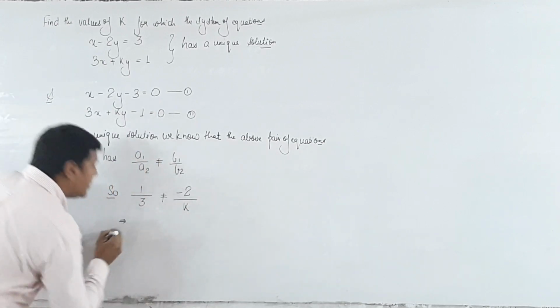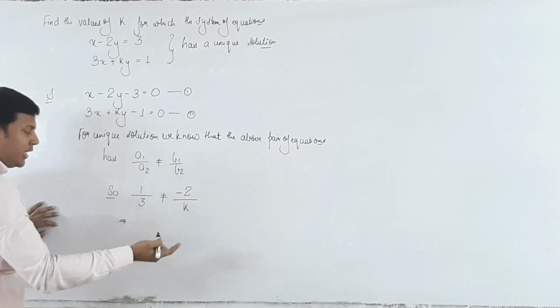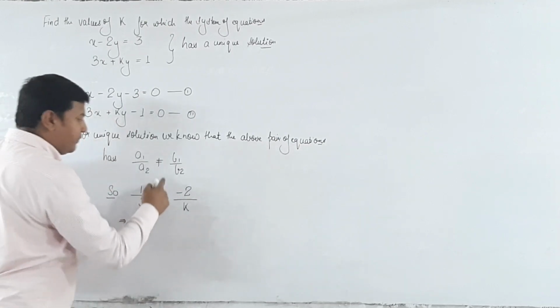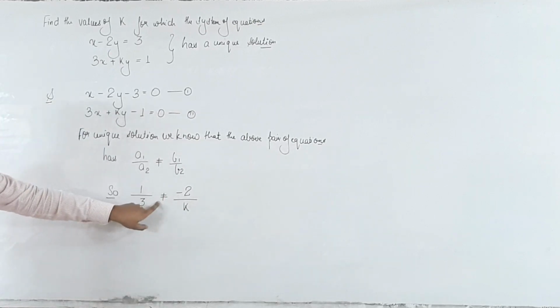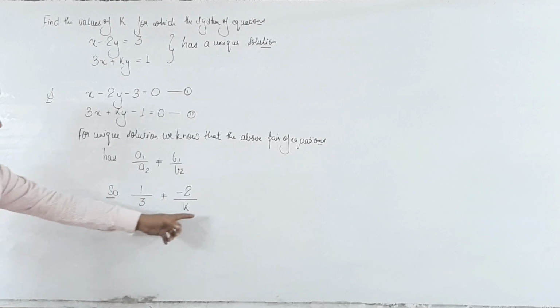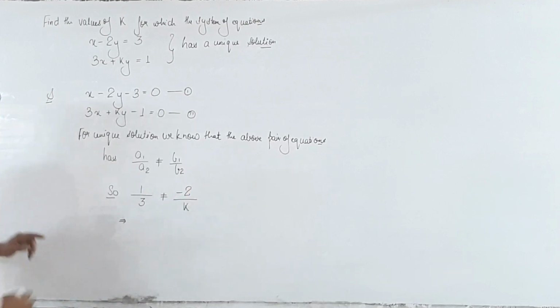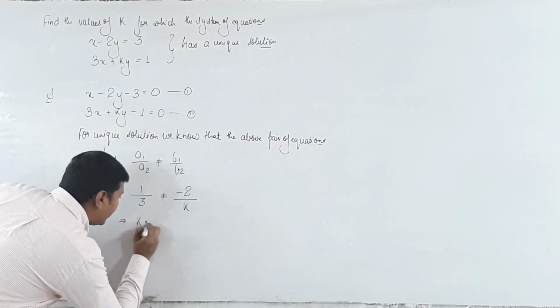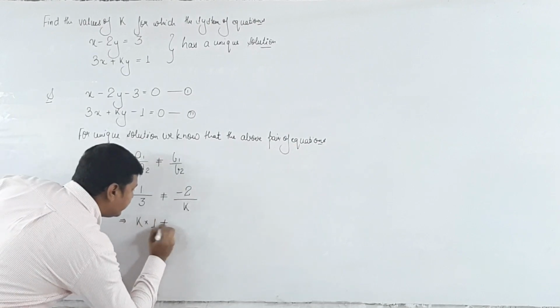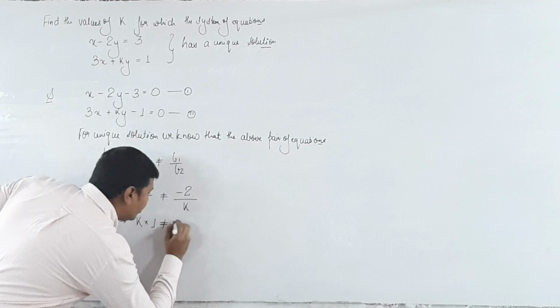As the linear equations, it is basically an inequation because we have put not equal to in between. We will solve it like linear equations. We will do the cross multiplication. So k into 1 is not equal to 3 into minus 2.